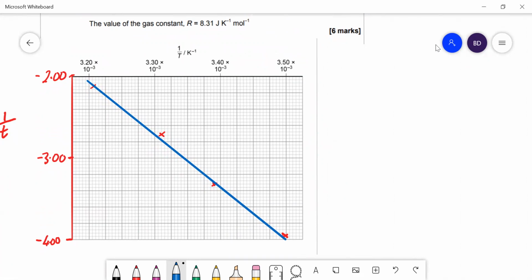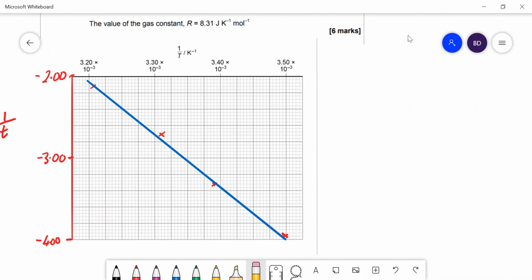And if you looked in the mark scheme, a lot of people, if you don't use that scale, using 5 big squares to be a unit of 1 on this axis. Okay, 5 big squares is 1. A lot of people used 5 big squares to be unit 2, and they knocked a mark off for not using the graph paper. And it's not a particularly nice scale they've chosen for you to plot. I plotted it there, drawn a line of best fit.